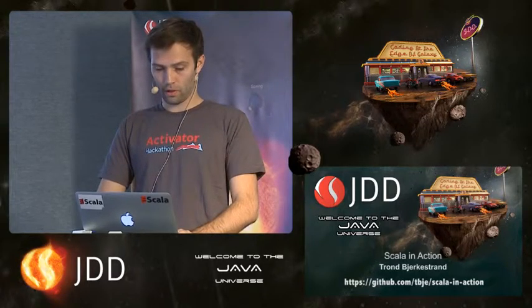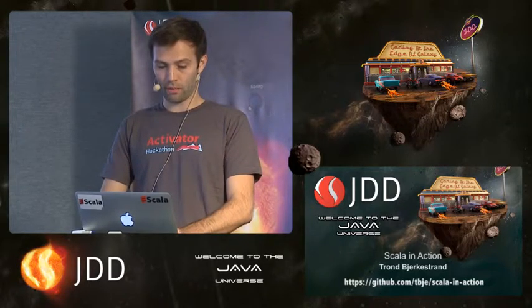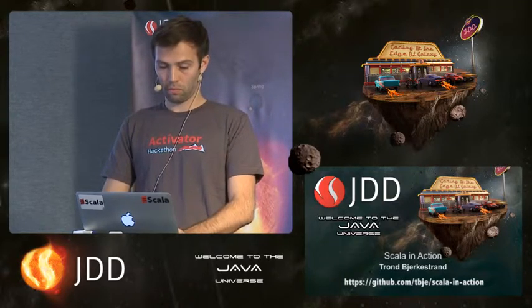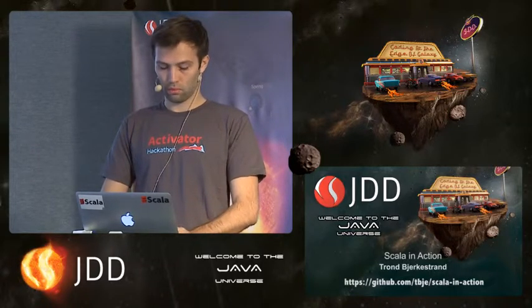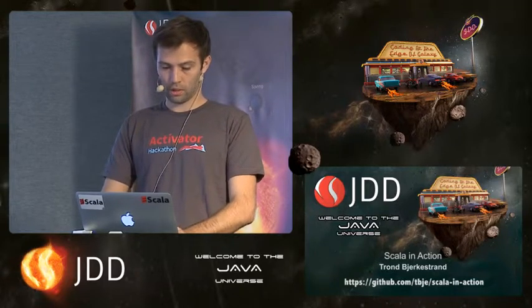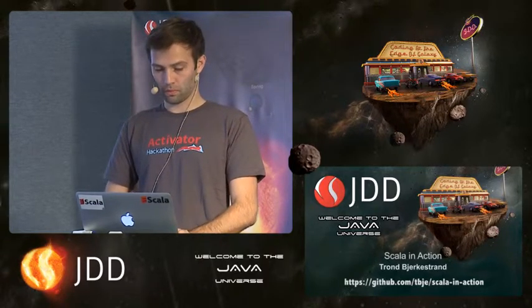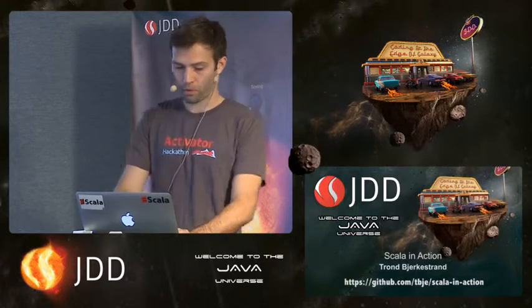If I create a second t here, val t2, new time, let's say 1 here, and 30, and t dot minus t2, gives us 34.